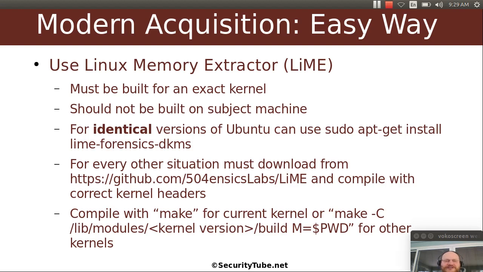Here's the current link. You go ahead and compile it. Now, we'll show you a little bit later how you can do this. And the only thing you need to know is if you're not compiling for the same operating system as what you're currently running, you just have to tell it where to get the right kernel headers.